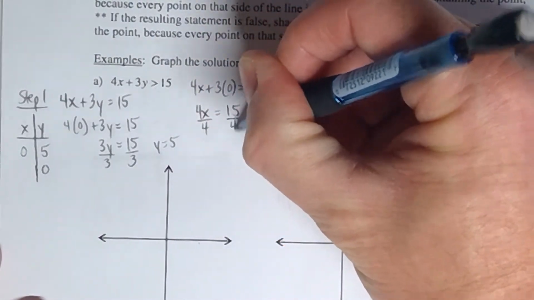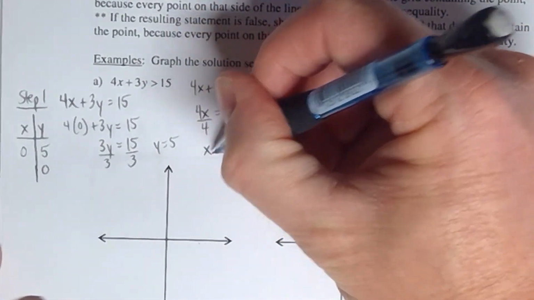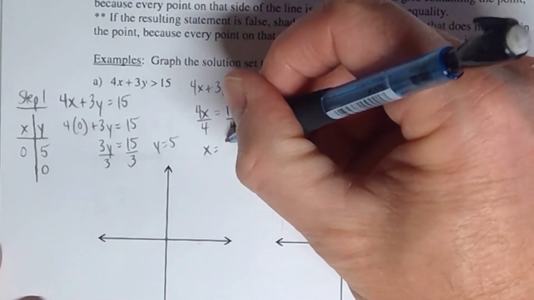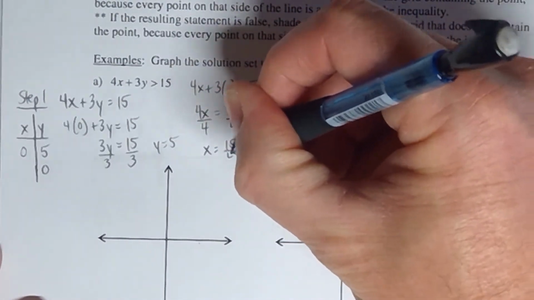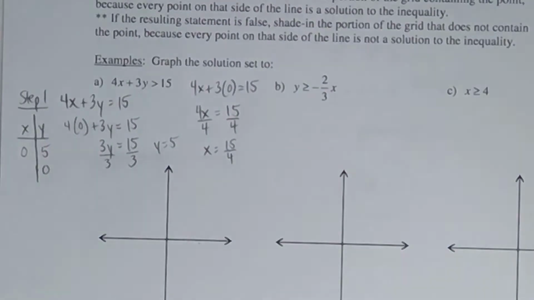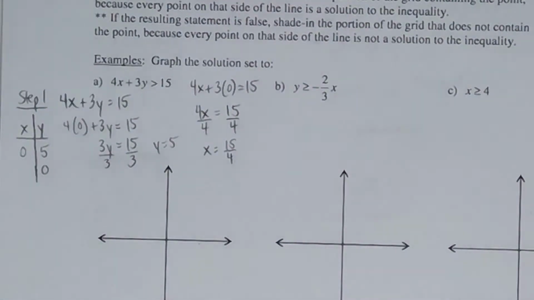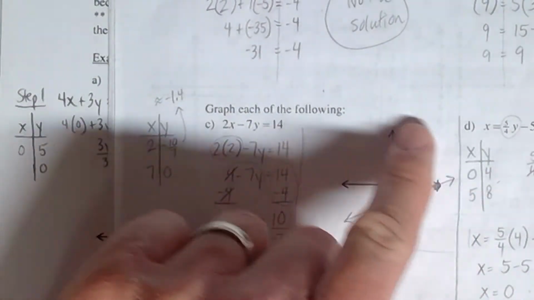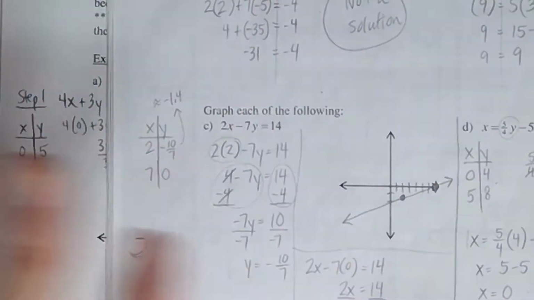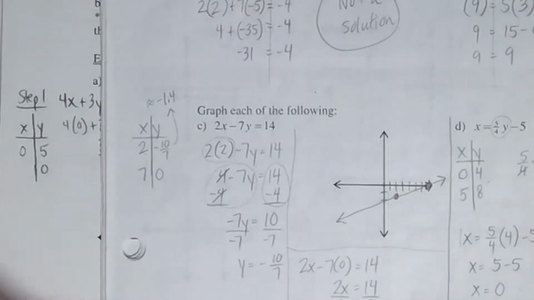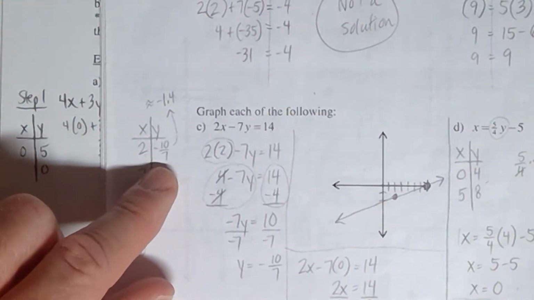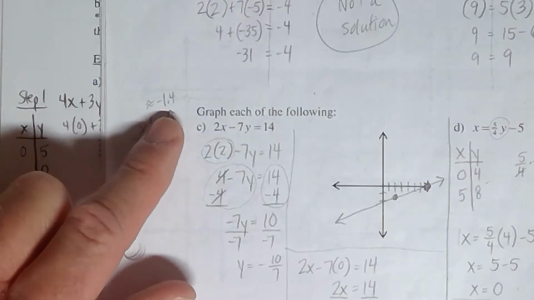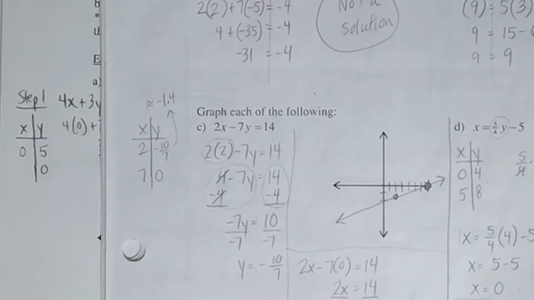I then divide out the 4 like I would in a linear equation there, and I get x equal to 15/4. Now I want to know where that is on the graph, so as I taught you guys back in Chapter 4, if you have a fraction as an answer and you need to graph it on your XY graph and you're trying to figure out where it is, you can put that in your calculator and you get a decimal answer, and then that tells you where it is.